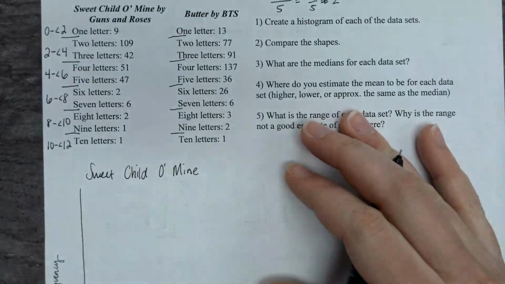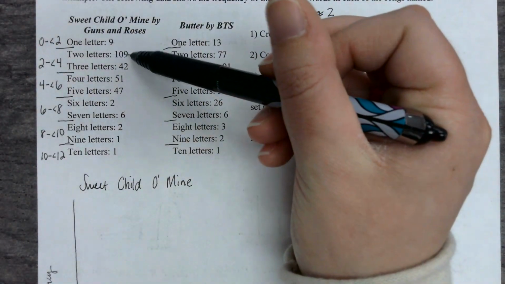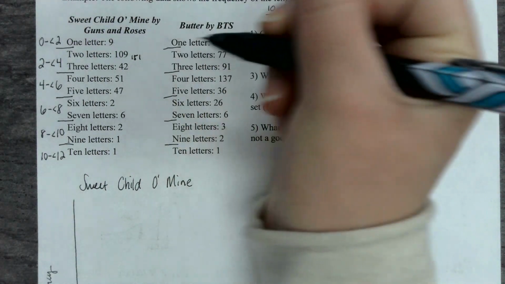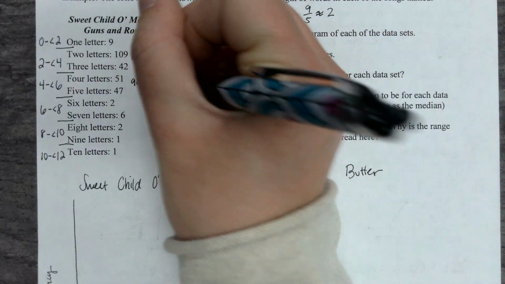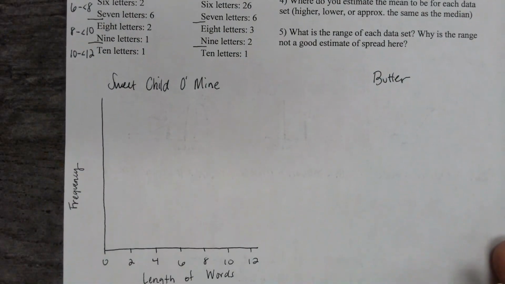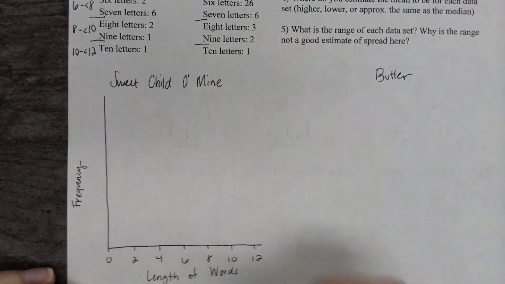My bin sizes. And I've got to figure out what my frequency is going to be, so I've got to figure out what my largest value is that I need to go up by. The largest value is 109 plus 42. That's going to get me 151. This one's going to get me 98. So 151 is the highest that I have to go to, so we can count by tens, going up evenly all the way up to 160.